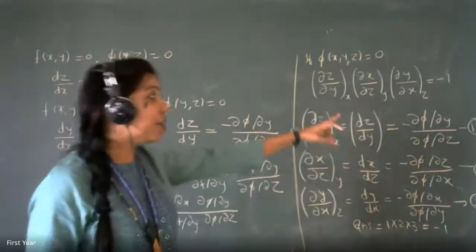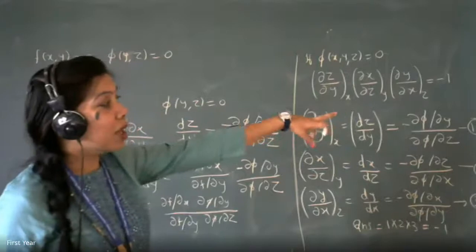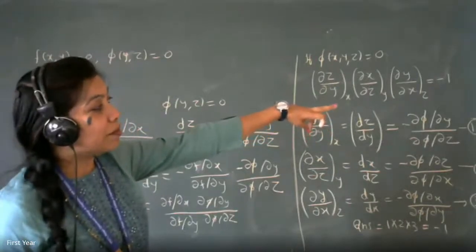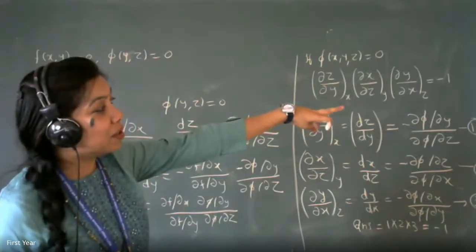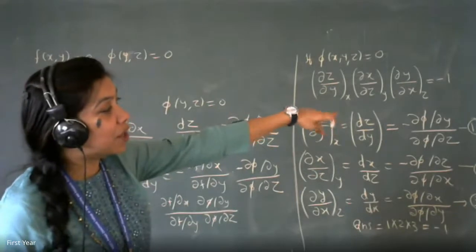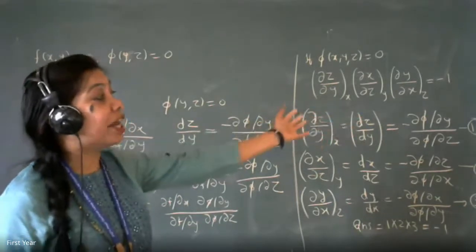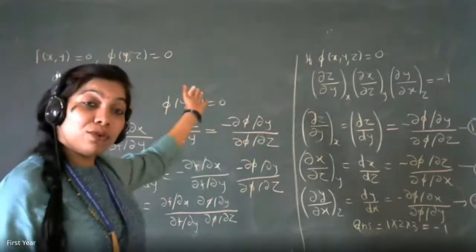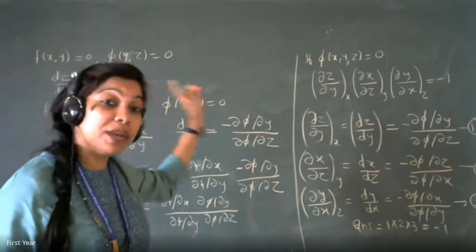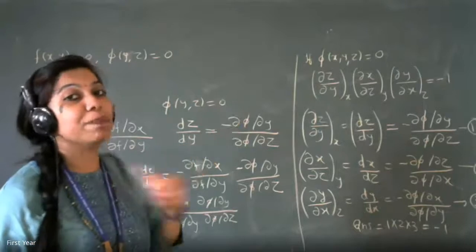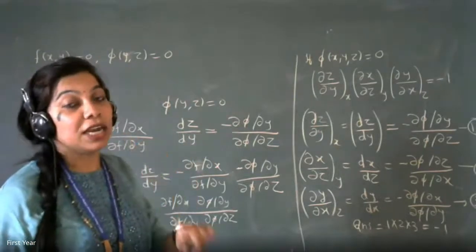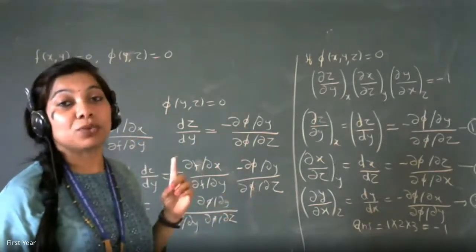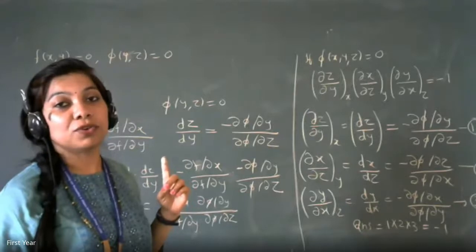What is the speciality about this example? Actually, if you have partial derivatives, directly look at the expression which is given, they are cancelling out if they are ordinary derivatives. But when I am writing it as partial derivative, and that too the function is related by an implicit equation, not explicit. If it was ordinary derivatives, directly we would have got the answer to be plus 1. Do you understand the difference?